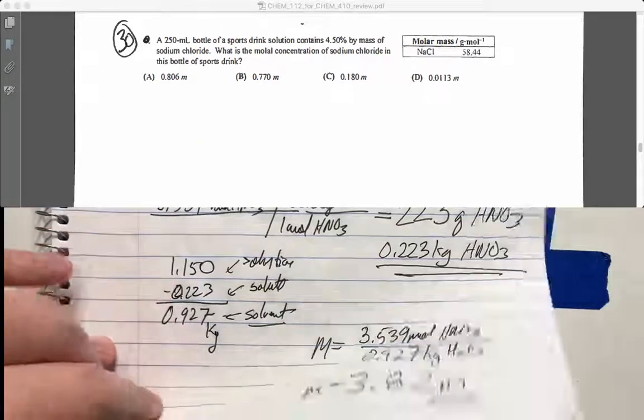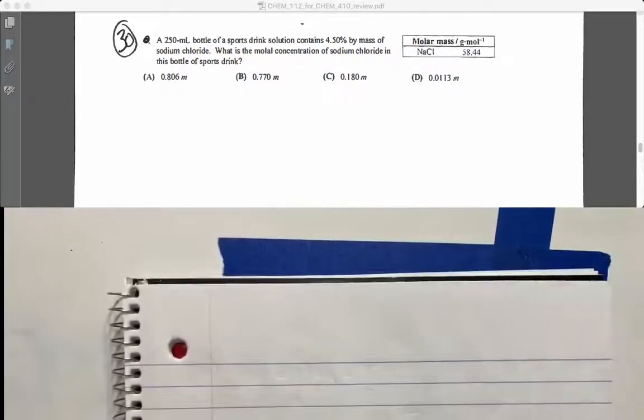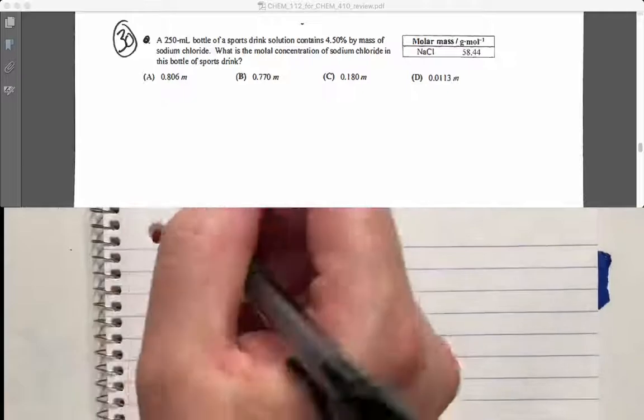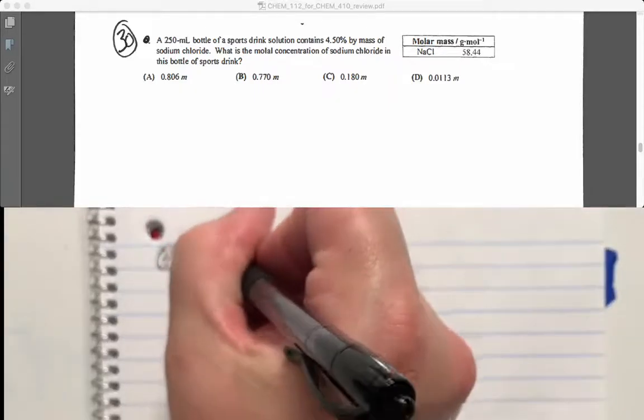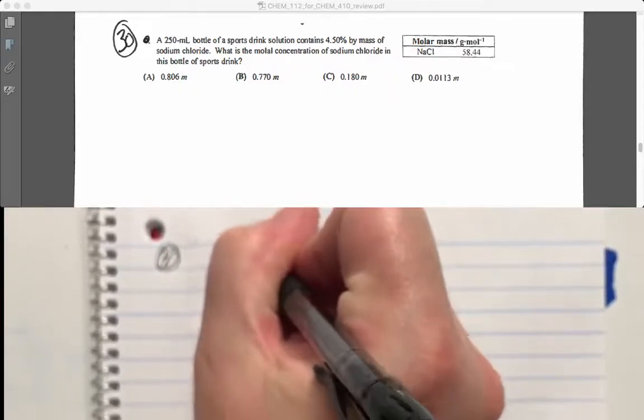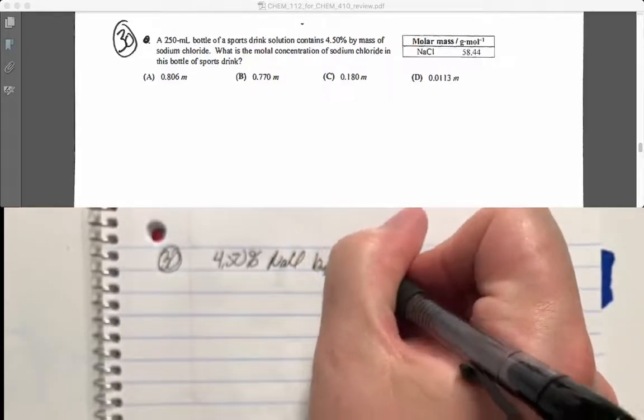Okay, another one of these concentration to concentration calculations. Again, pretty common on these types of exams. So we're given that a sports drink solution is 4.50% sodium chloride by mass.